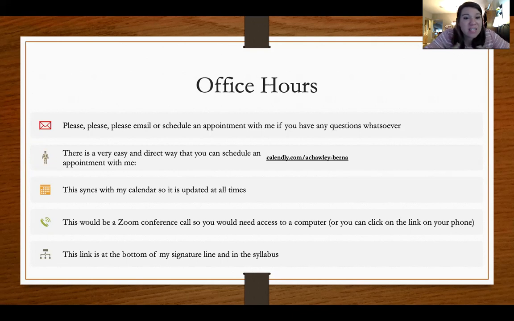This syncs with my calendar on Outlook, so it is updated at all times. You would be setting up a Zoom conference call, so you would need access to a computer, or for many smartphones, you can click on the link on your smartphone.